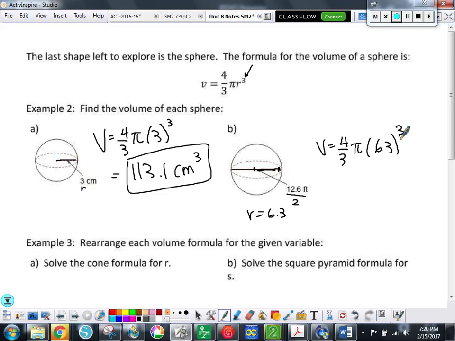And you get 1,047.4 feet cubed. Okay, now pause it and maybe take 8 minutes or a little bit less and work on your homework.